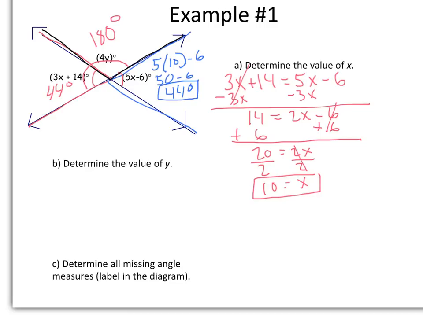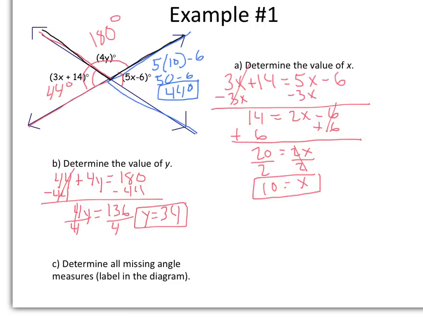With that information, we're able to write our next equation. As you can see, our equation is 44 plus 4y equals 180 because both of these angles are supplementary. Now let's use our algebra skills and solve for the missing variable. After working backwards, we find out that y equals 34.